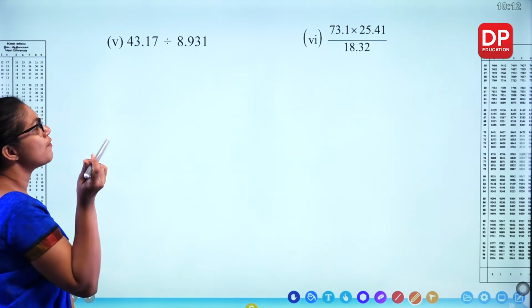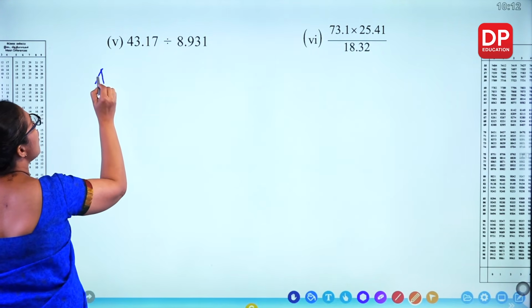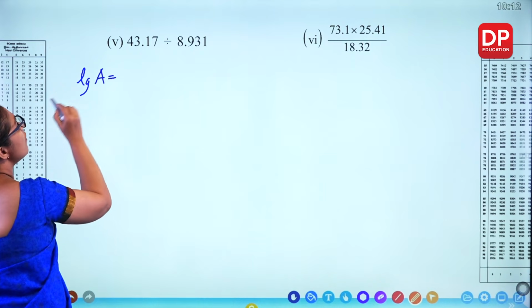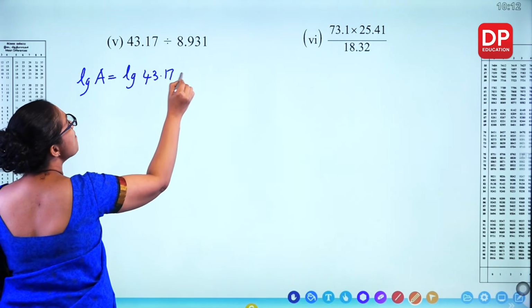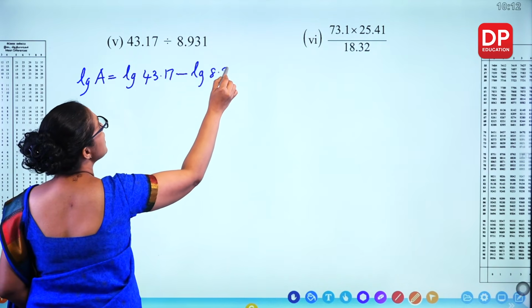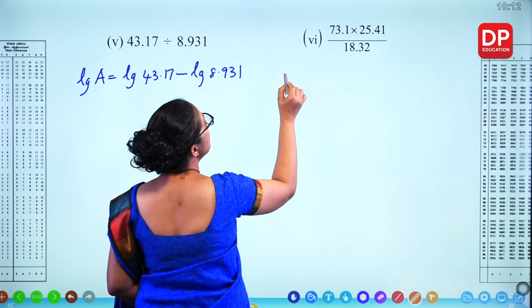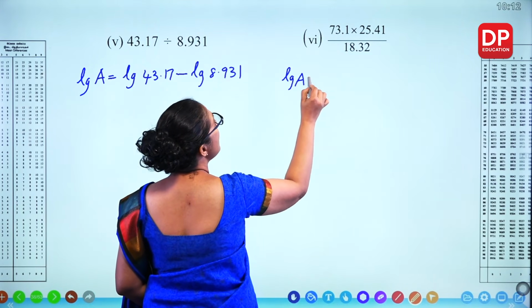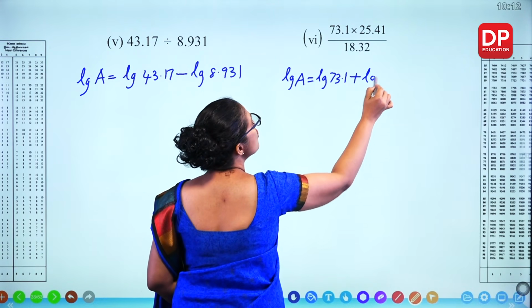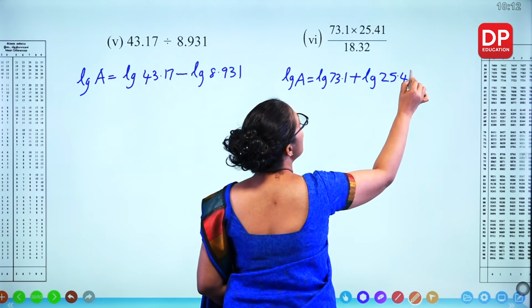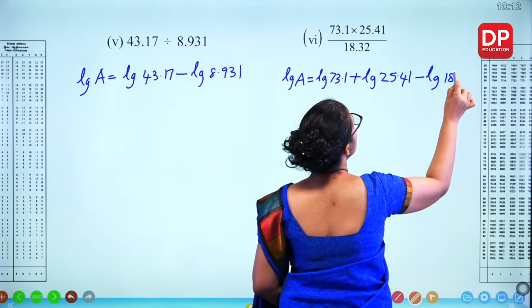Both these questions you have to take A as this number and then take log. I'll straight away write down log of A is log of 43.17 minus log of 8.931. This one I can write log of A is log 73.1 plus log 25.41 minus, because division becomes subtraction.